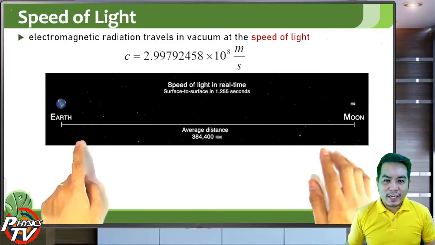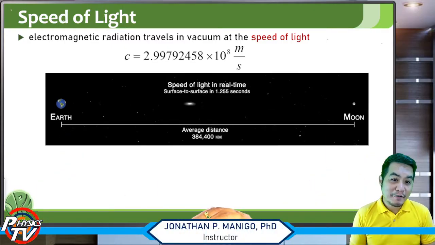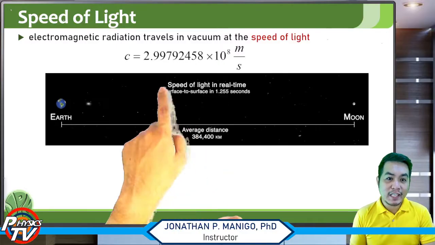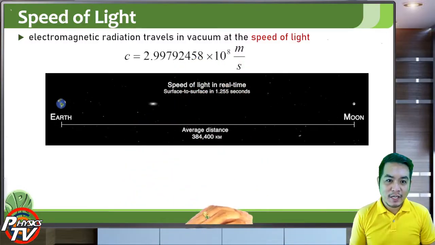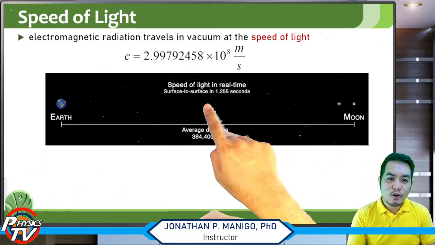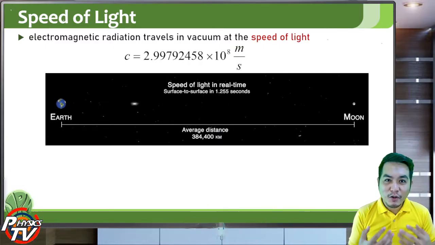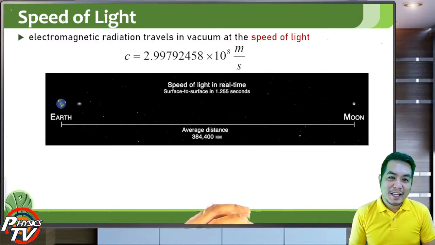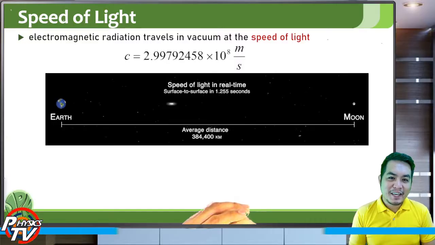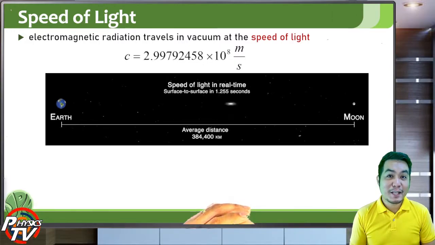So this is a simulation of how fast 3 times 10 to the 8 meters per second is. Light actually travels from Earth to the moon in just 1.255 seconds. So as we're talking right now, light is traveling from Earth to the moon in just 1.255 seconds. That's very fast.